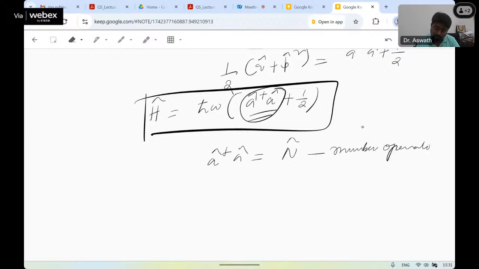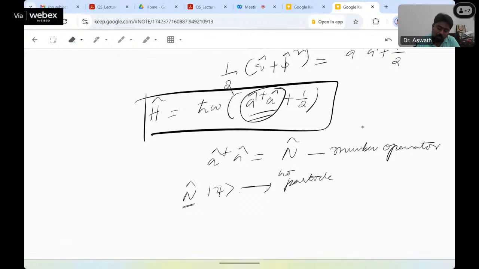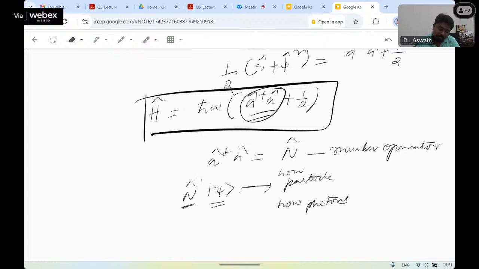Because this operator acting on some quantum state would tell me how many quantum particles are there in it, or when it comes to energy, how many photons are there in it. That is the role of the number operator that we will establish as we go further.